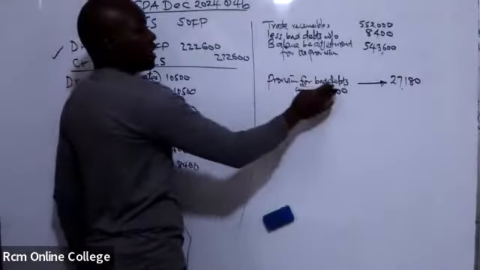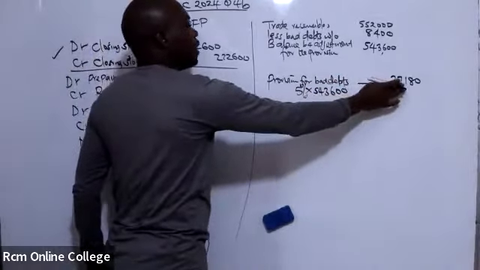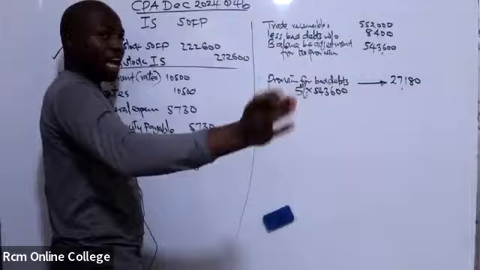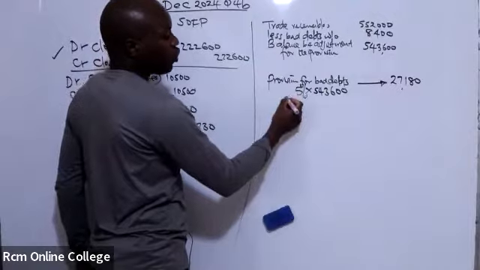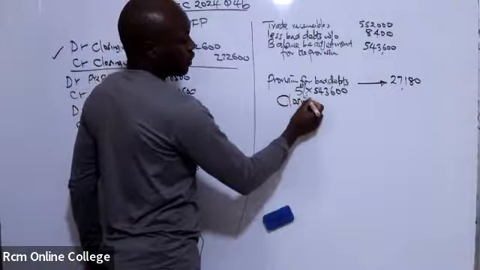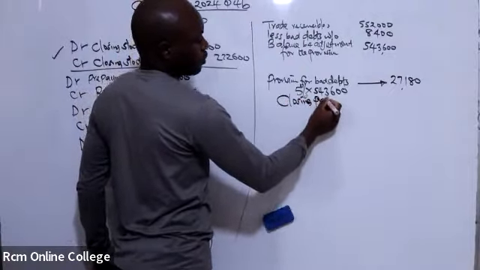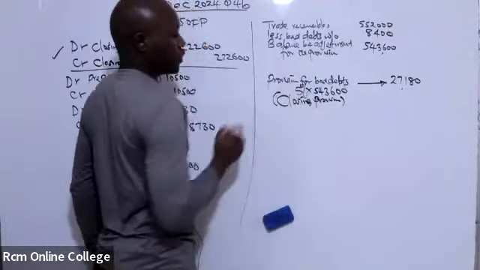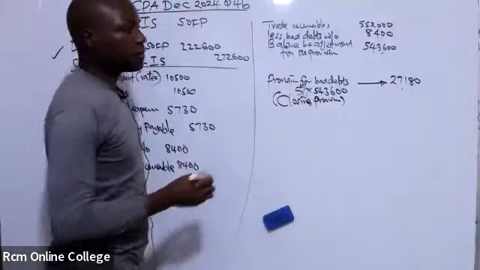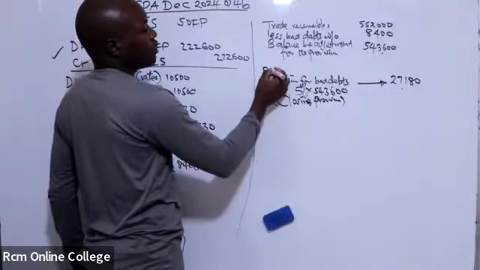This provision for bad debt is what we are going to have under current liabilities at the end of the year. Just put it in brackets and say closing provision. Do we have opening provision?